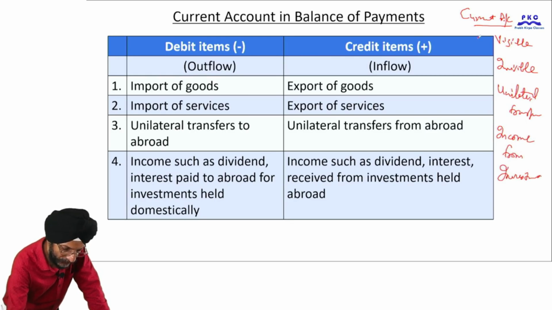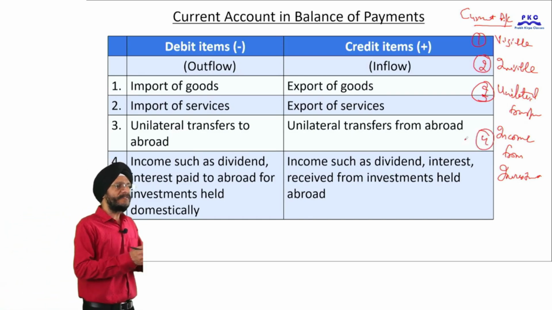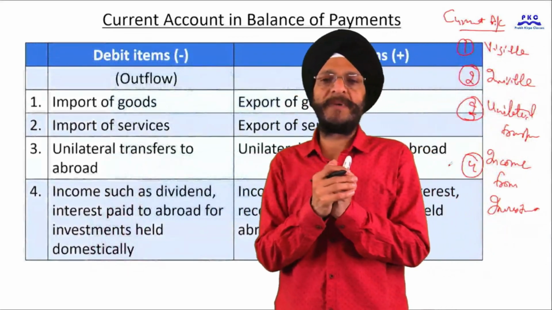These are the four components of current account. Current account itself is one of the components of balance of payments.